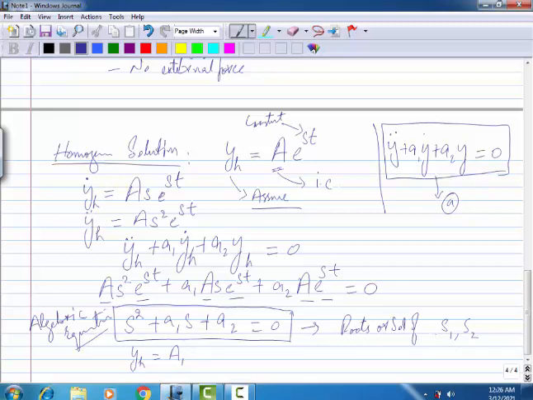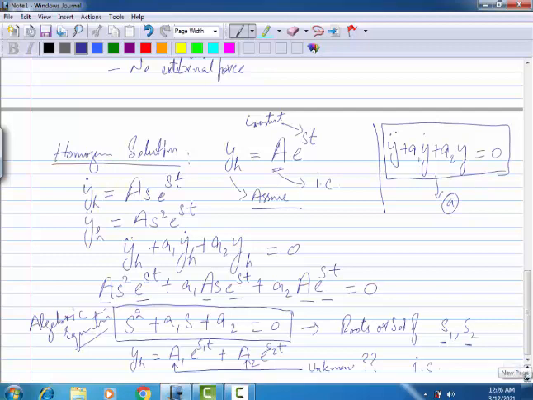Because there are two roots, I need two of these solutions added up. Now I know s1 and s2 from the above equation, so the next thing left which is unknown is these two, a1 and a2. How do I find them? I use initial conditions.